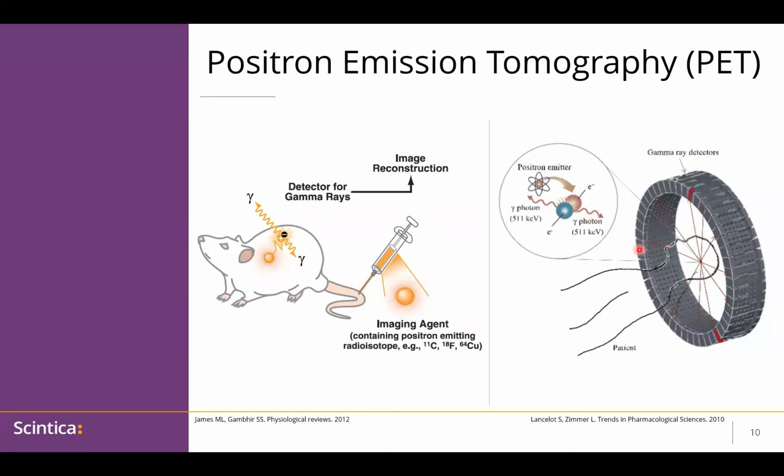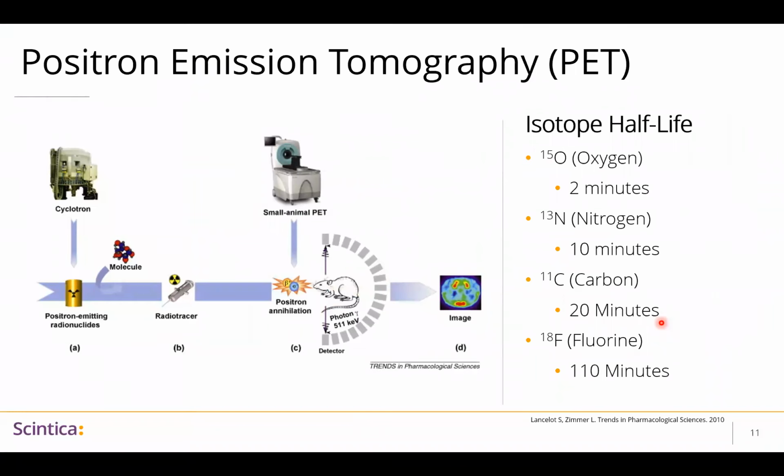This is why we have a ring of PET detectors around the imaging subject, so that as those photons emit in exactly opposite directions, the detectors are going to detect what we call a coincidence event. And from there, the system is able to detect where those signals came from and reconstruct that into an image for us.